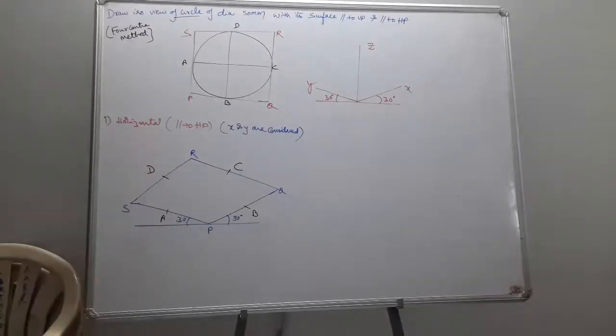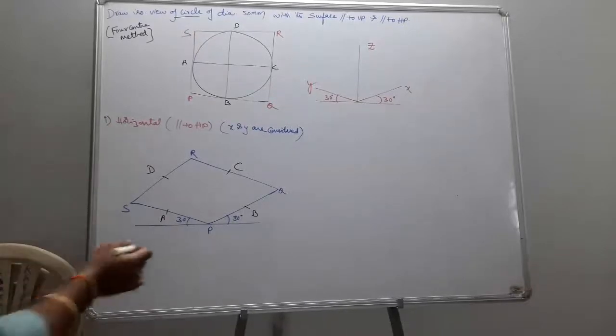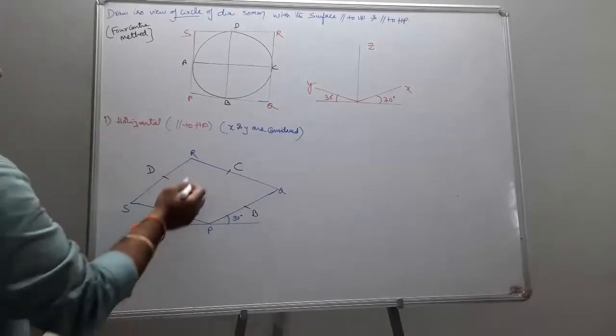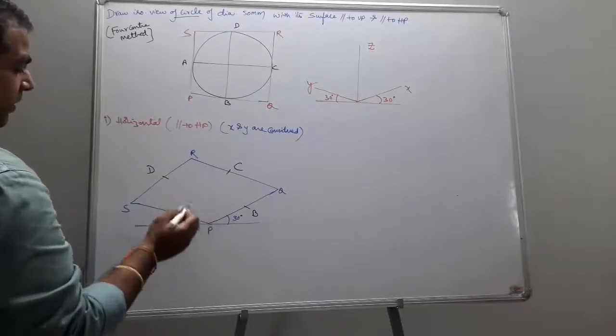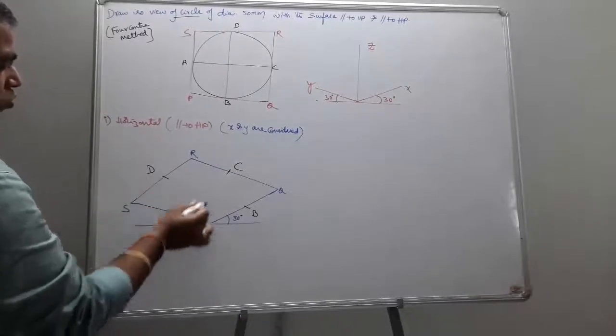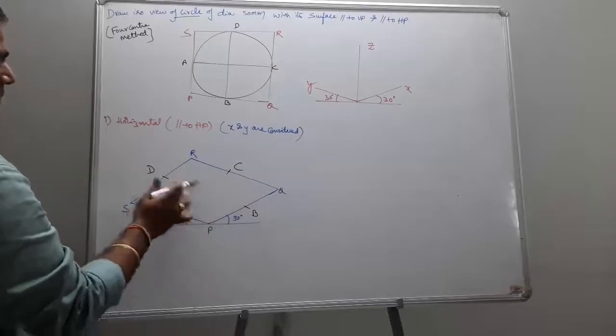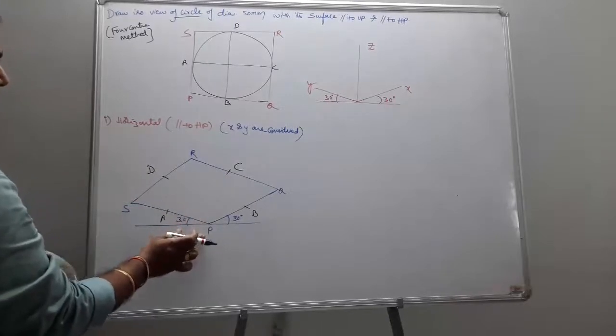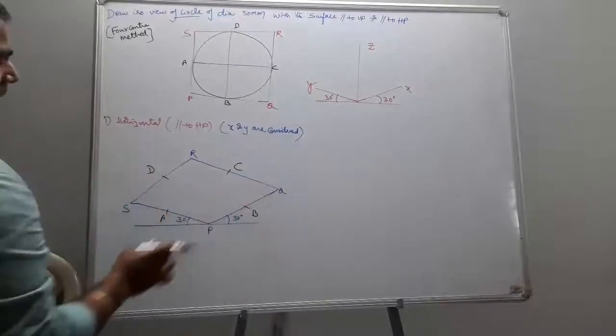Let us take the 4 center method. First of all, take the corner P and join the opposite 2 side midpoints. That means P's opposite sides are SR and RQ.